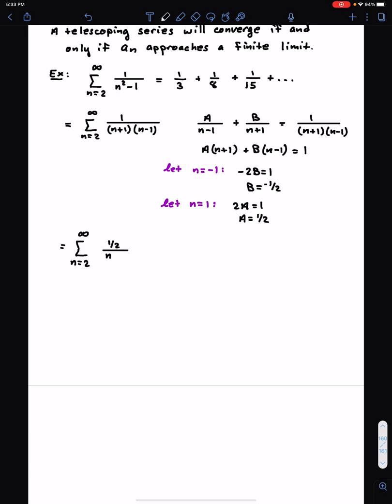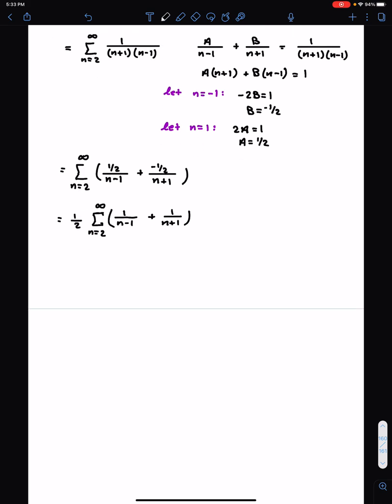So 1/2 over n minus 1 plus b over n plus 1, plus negative a half divided by n plus 1. Both of these have a 1/2 in common, so I can factor out the 1/2 times the sum from 2 to infinity of 1 over n minus 1 plus 1 over n plus 1.